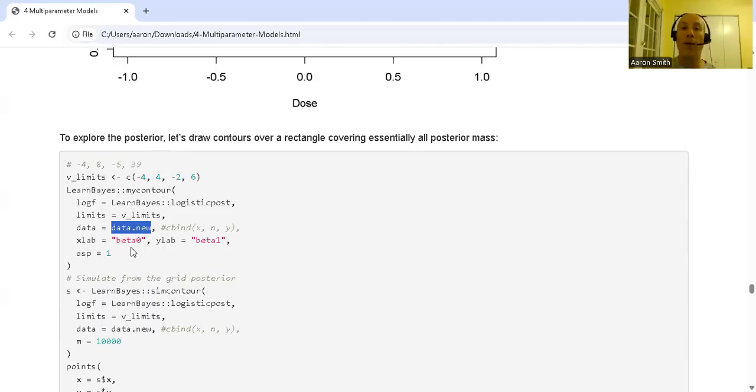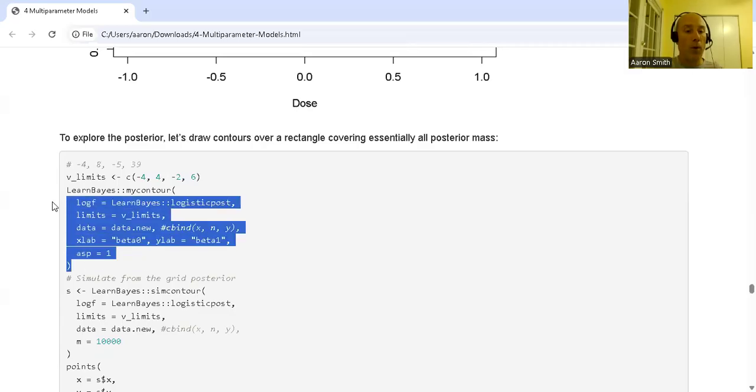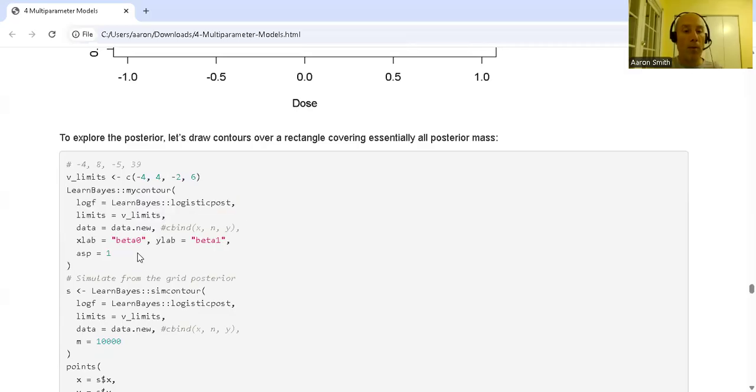So remember that this is a multivariate problem. I have an intercept and a slope, and I cannot assume that these are independent. Since I have no reason to think that they're independent, I need to treat this as a bivariate problem. All right. And so here, this gives me a contour of the parameters.